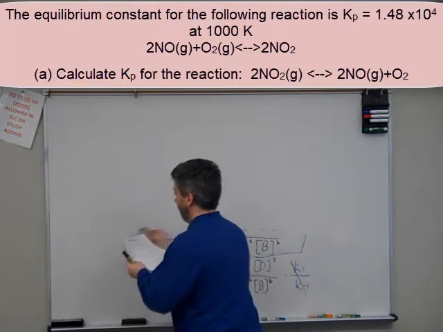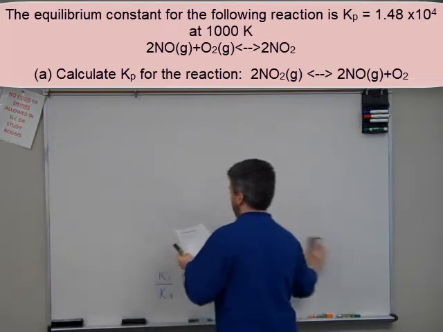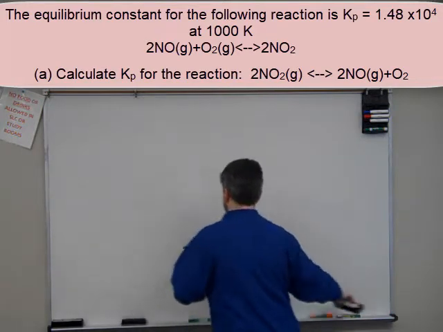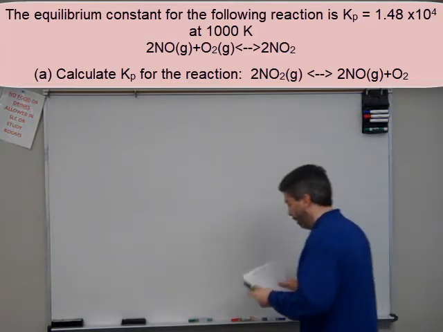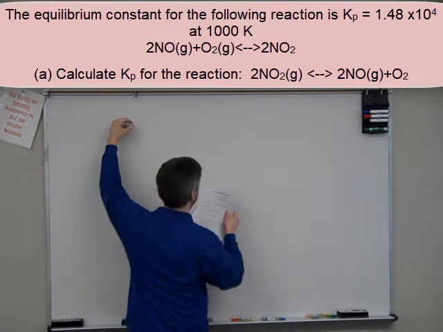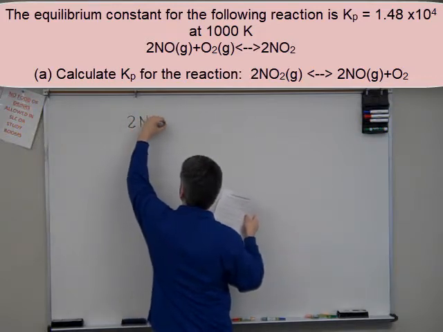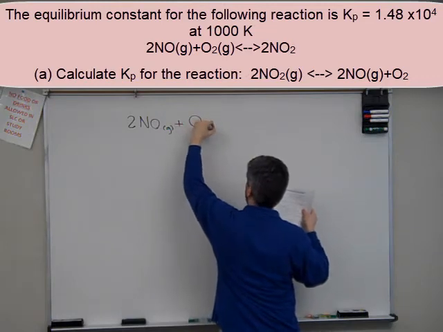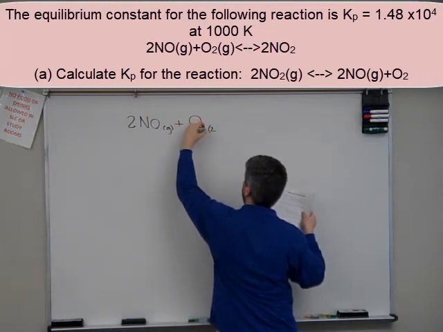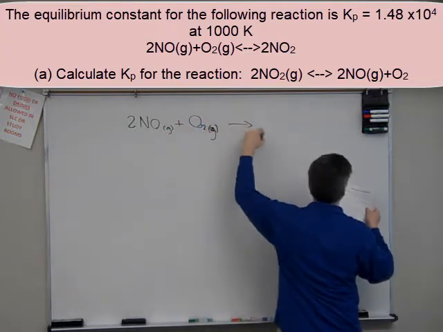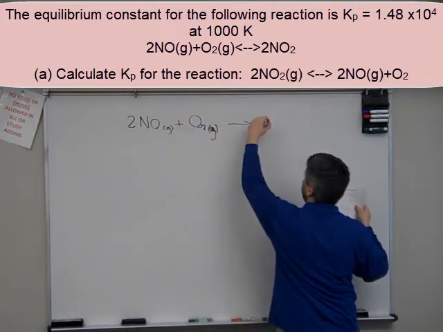It says equilibrium constant for the following reaction, Kp 1.48 times 10 to the 4th at 1000 Kelvin. So this is the given reaction that says the Kp is that value. So 2NO plus O2, gas, goes to form 2NO2.